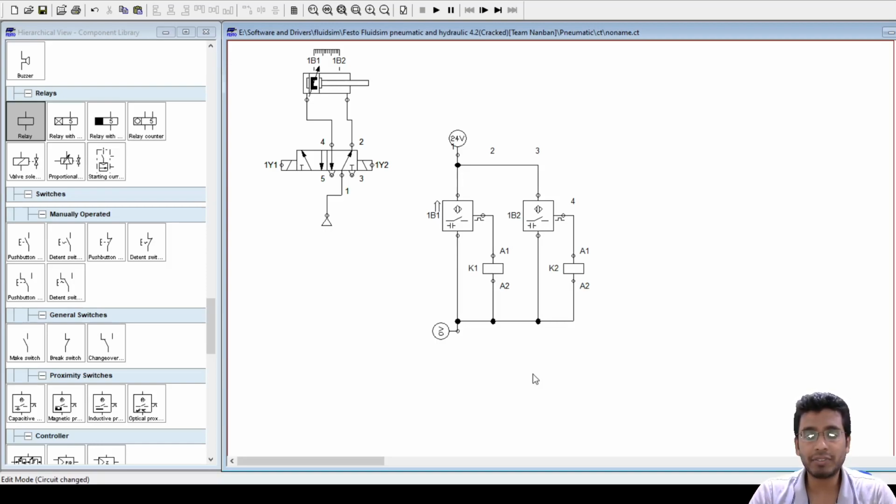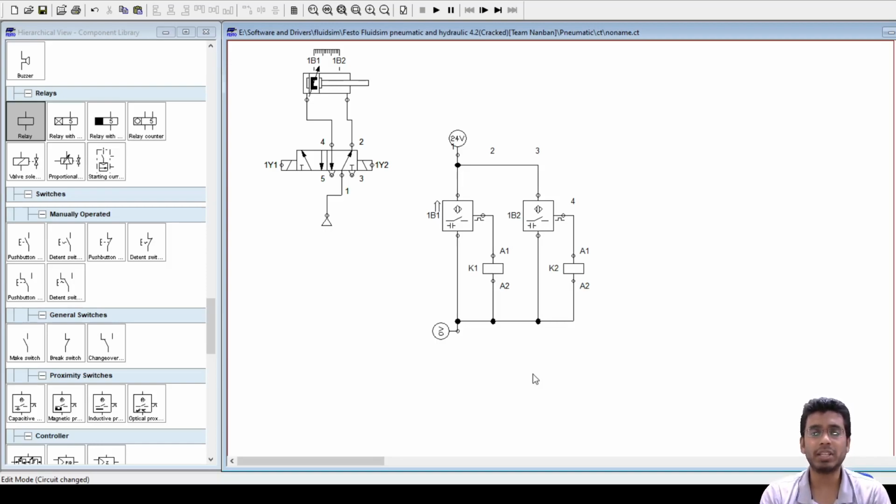Okay, after this is done, then you'll be coming back to your actual circuit, which says that when I'm pressing a control switch, when I'm switching it on, then my double acting cylinder should start oscillating in a continuous manner. That means it should make a to and fro, or it should start reciprocating continuously until I switch it off.